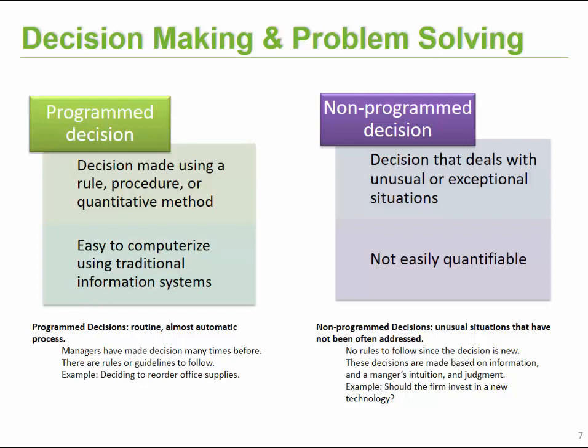Now, if we look at some of the information regarding non-programmed decisions, this is typically where we don't have rules, where it's new situations. These decisions are usually based on information or intuition as well as judgment.